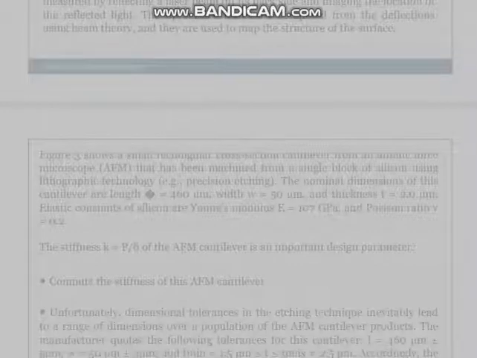Accordingly, the stiffness of any given cantilever can vary from its nominal value, depending on its actual dimensions. Provide estimates of the minimum and maximum stiffnesses, Kmin and Kmax, that can be expected for this cantilever, corresponding to extreme ranges of the dimensions.